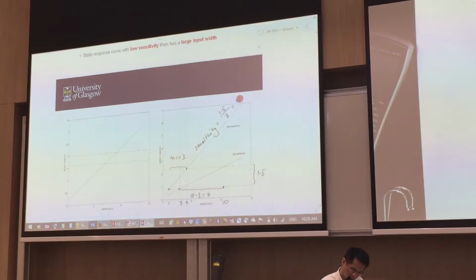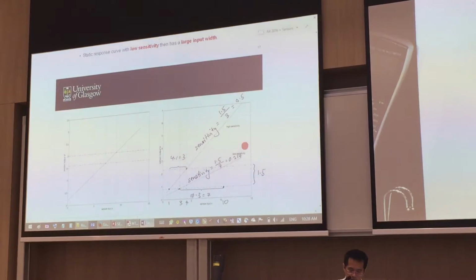And that's equal to 0.5. That's my sensitivity value for this one. For the other one, I'll take the output width again, that is 1.5, and divide by the input width, that is 7, and I get approximately 0.214.